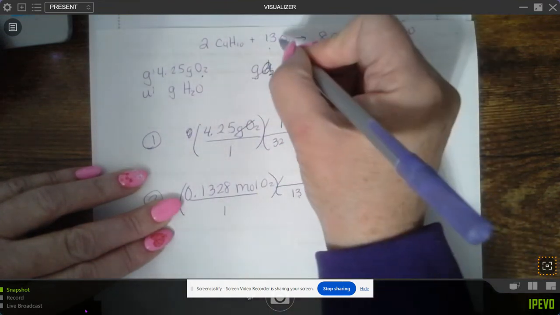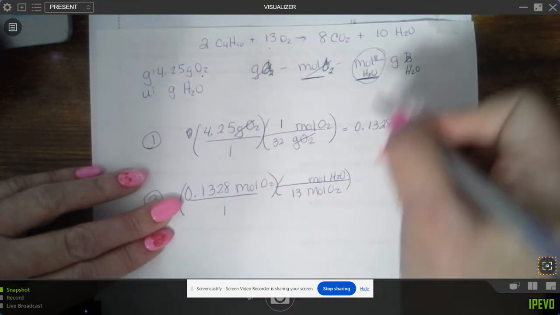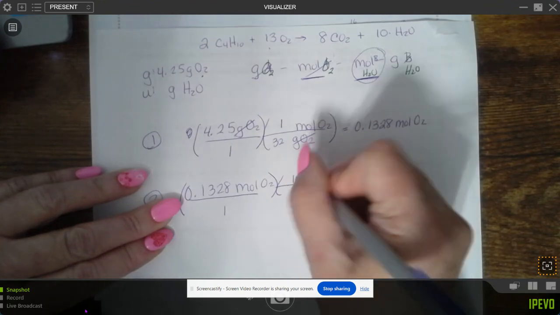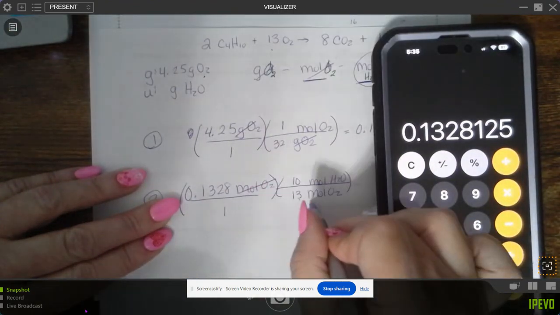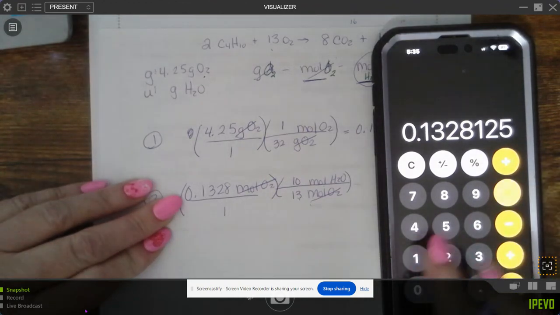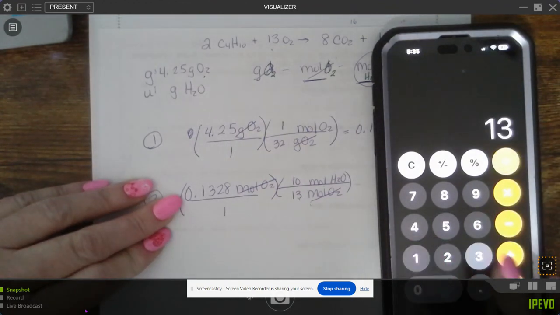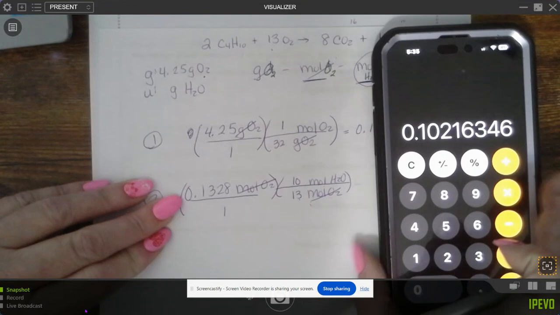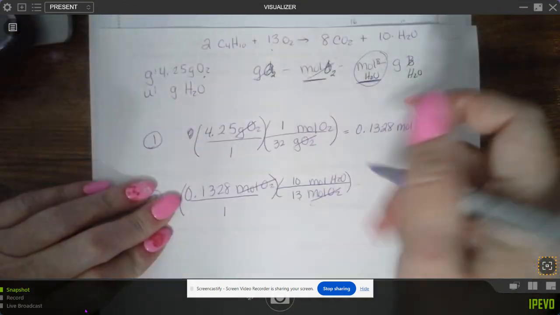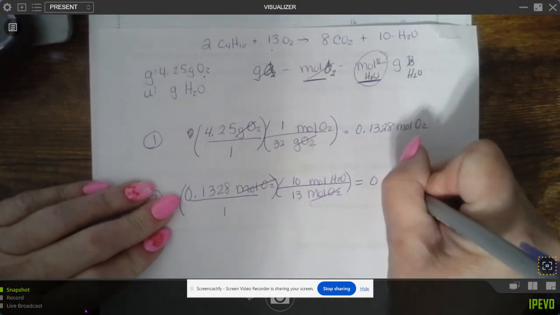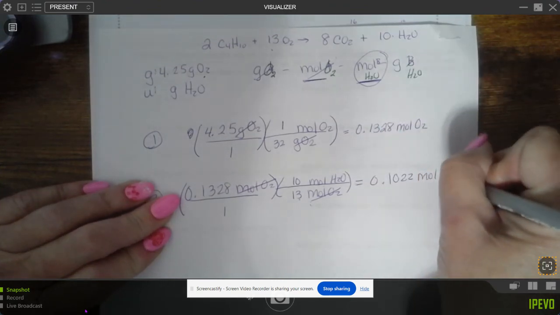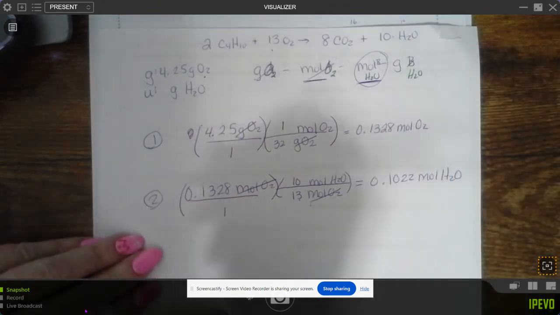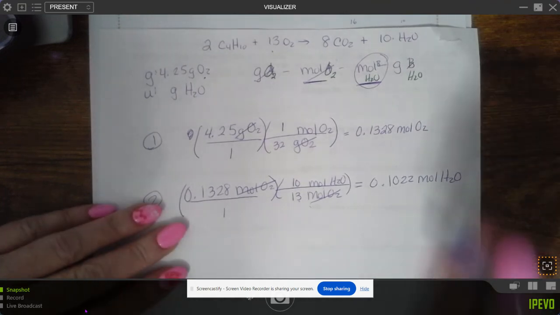So 13 moles of oxygen and 10 moles of water. My units cancel. Okay, so times 10 divided by 13. 0.1022. That's moles of water. That's step 2.